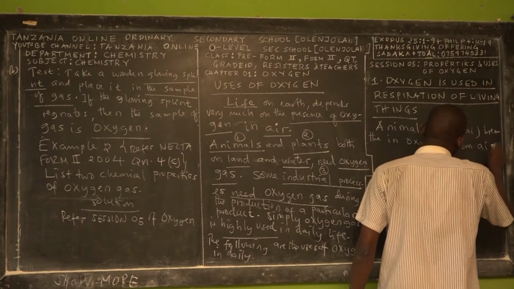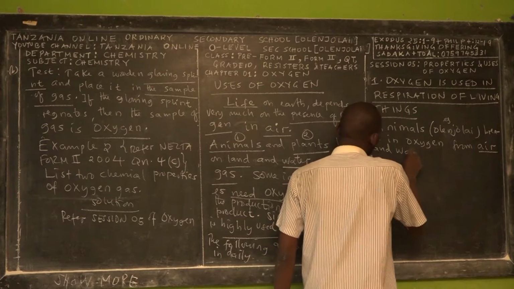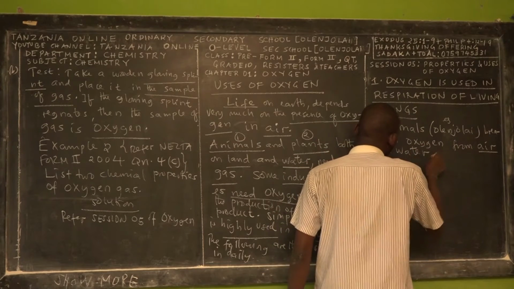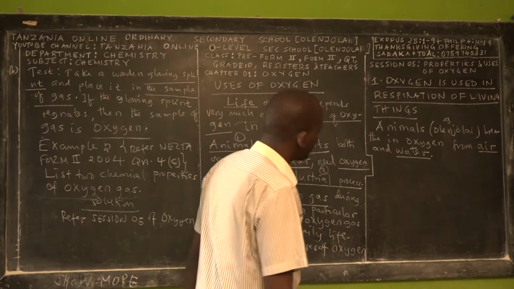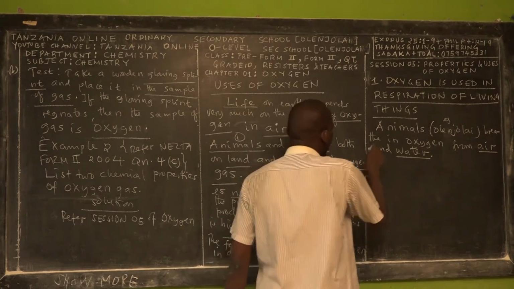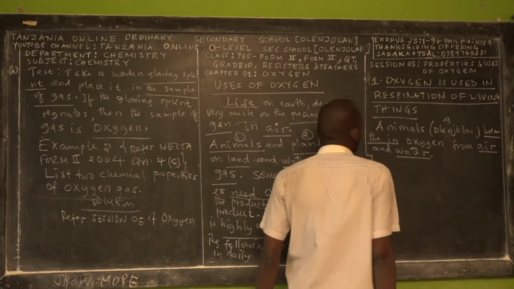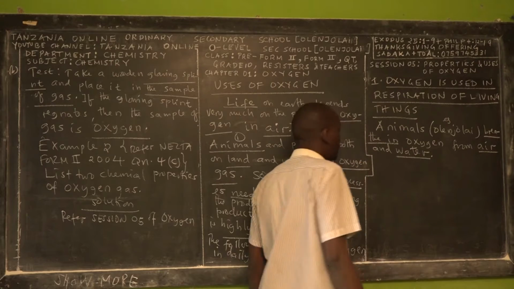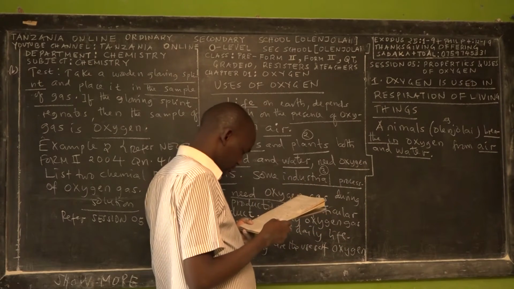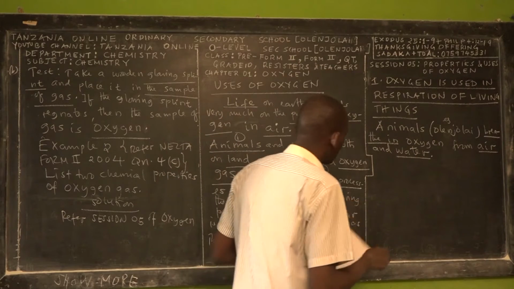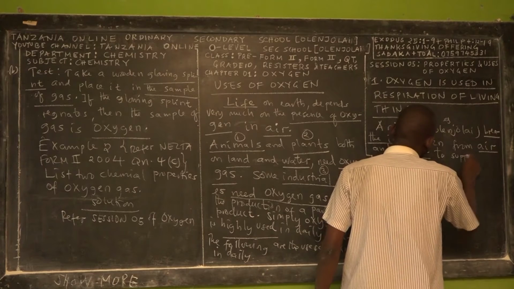From air if you are in air, and from water if you are diving or in water. So we are taking in oxygen from air or from water. Why are we taking in oxygen?